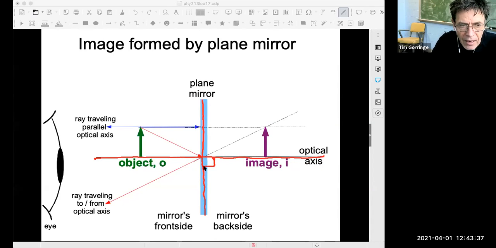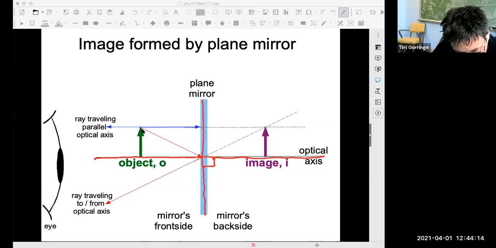And our light rays will be traveling either parallel to the optical axis, or in ray tracing, we think of them as traveling fairly nearly parallel to the optical axis. And I might exaggerate that, make them further away from parallel to the optical axis, but all our ray tracing rules, or our equations, formulas are going to be based on the light rays traveling either along or nearly along the optical axis. So that's an important line.